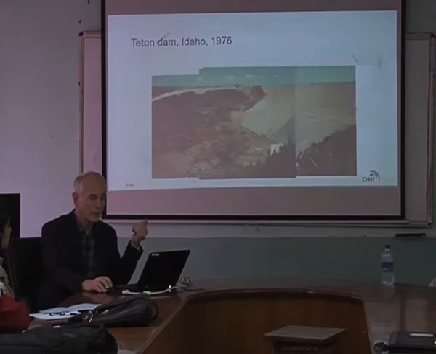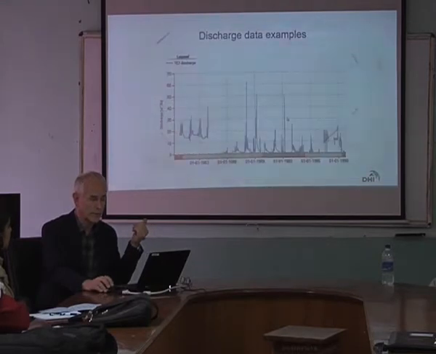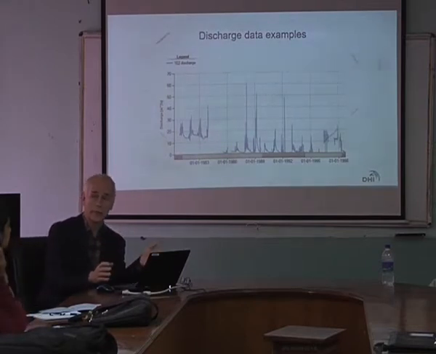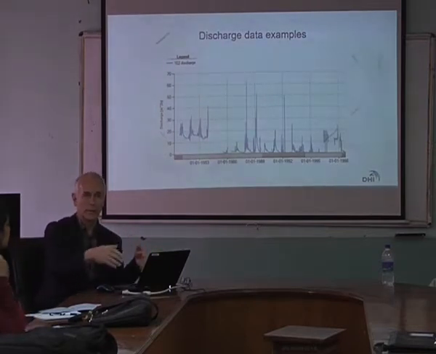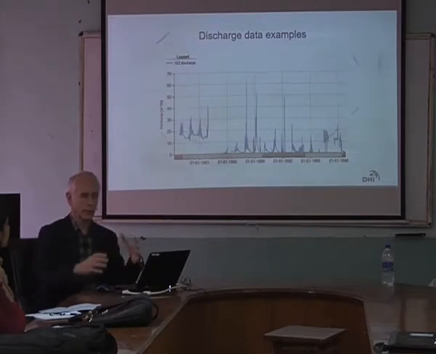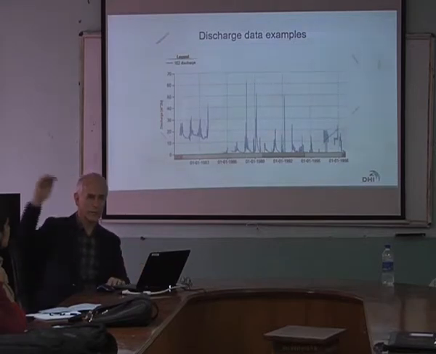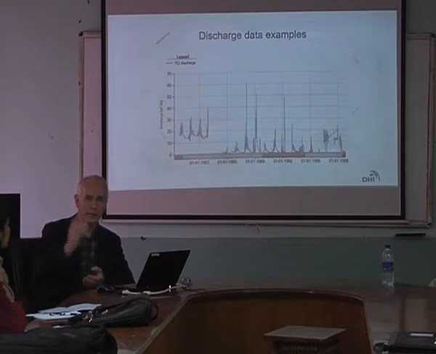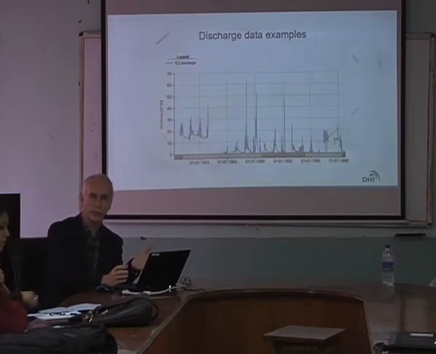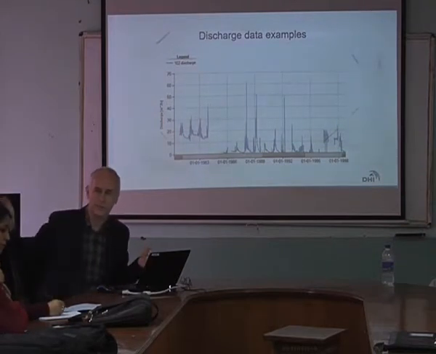Of course, if you know that your data is something like this, then you will be very careful in your conclusions. Let's say we're designing the spillway of a dam like that, right? So you will do your analysis, you will come to some conclusion and say, okay, we believe that the 100-year flood is 1,000 cubic meter per second, but the data is so uncertain, so we recommend that you design it for 2,000.